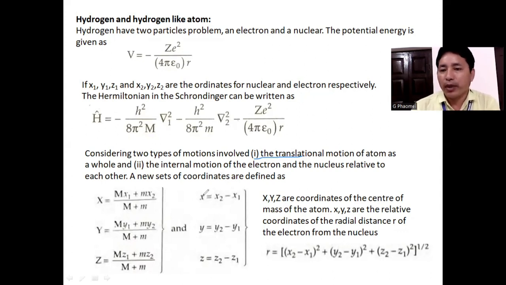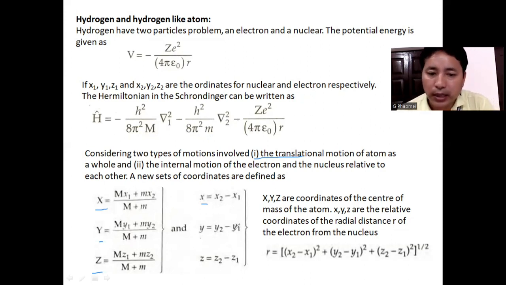So we have a new set of coordinates, from x1, x2, y1, y2, and z1, z2 to capital X, capital Y, capital Z, and small x, small y, small z. Here capital X, capital Y and capital Z are the coordinates of the center of mass of the atom, and small x, y, z are the relative coordinates of the radial distance.